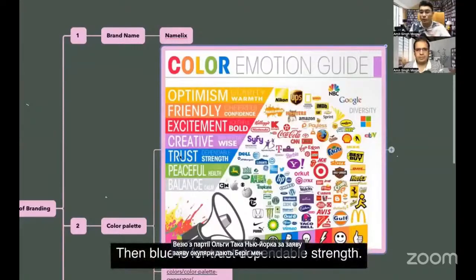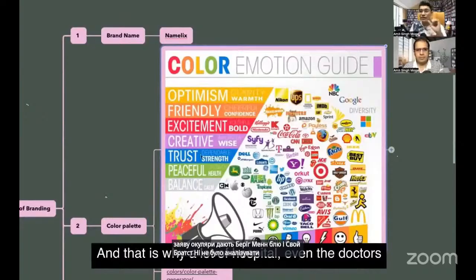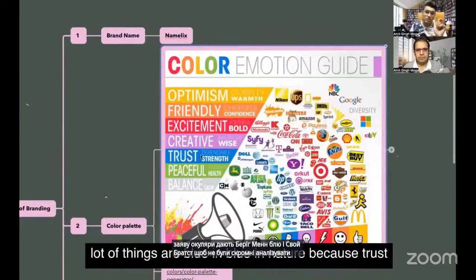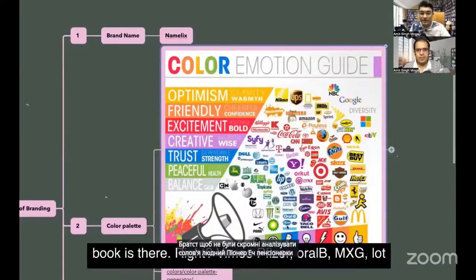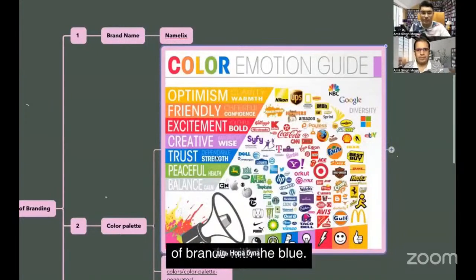And blue is for trust, dependable, strength, and that is why a lot of hospitals, even doctors, a lot of things are blue in nature, because trust is the most important thing, right? So JP Morgan, HP, Oreo, Facebook is there, right? Vimeo, Pfizer, Oral-B, lots of brands with blue.